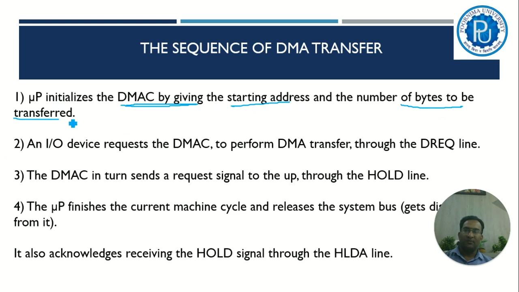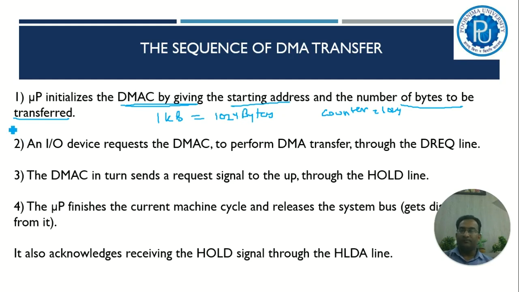Let us suppose we want to transfer a 1 KB file, that means 1024 bytes. So the microprocessor will initialize the counter value to 1024, as the controller has a register which is going to hold this value.